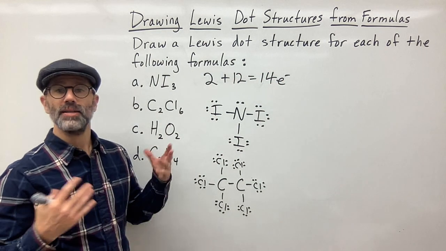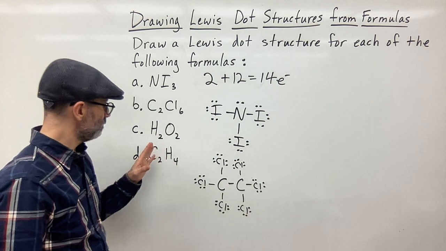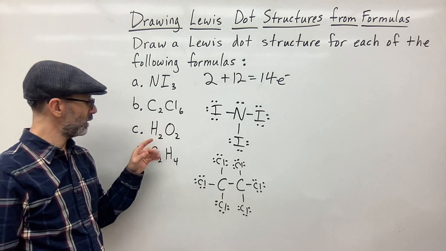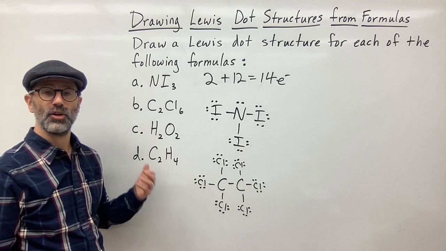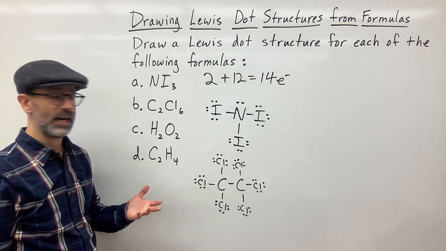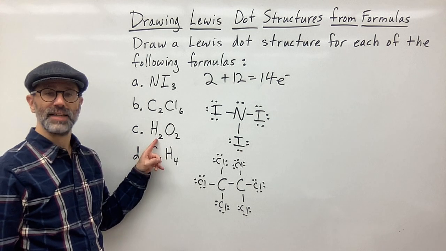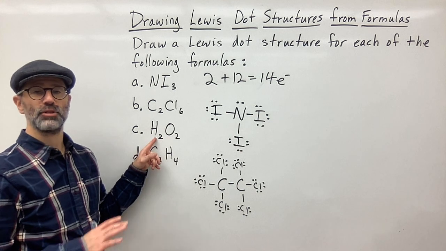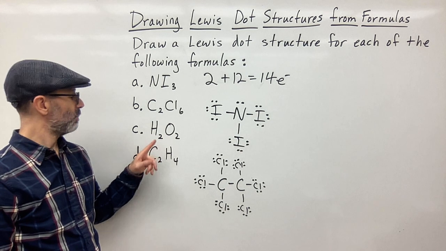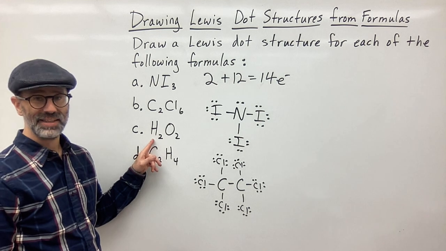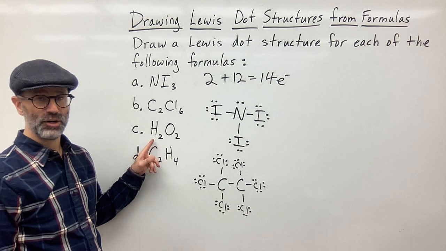Step two, skeletal structure. I have two elements, and I said usually the first element written in your formula is going to be the central atom, but here's an exception because hydrogen is first. Hydrogen will never be a central atom, so you can always ignore hydrogen because hydrogen only bonds once, and that's not going to make for a very good central atom.